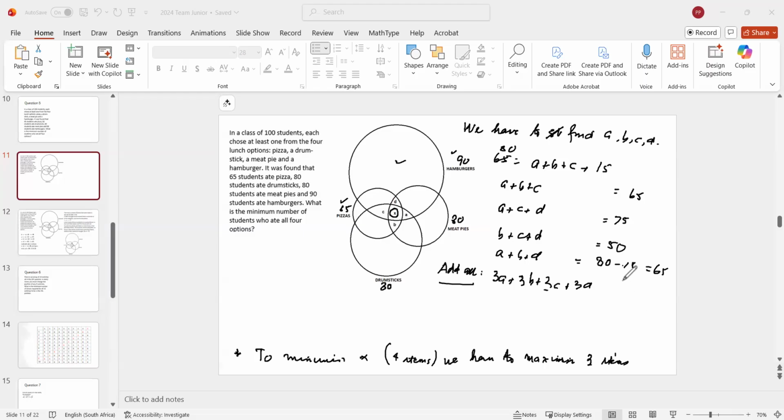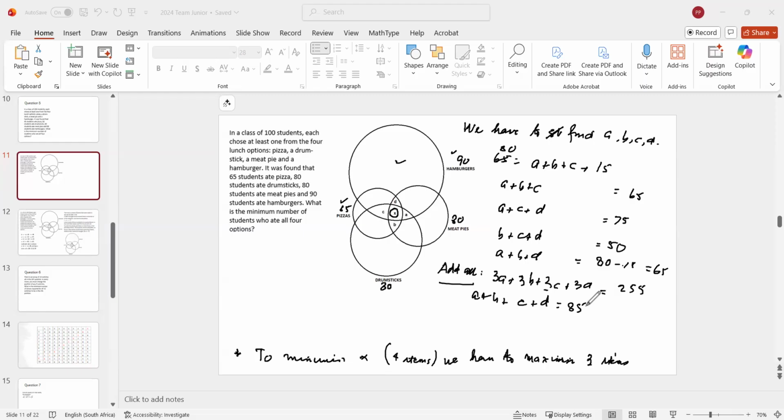You can check that out. And when you add all the right-hand sides, you get 65, 140, 190, 255. So if you divide by 3 throughout, 255 divided by 3 is 85.